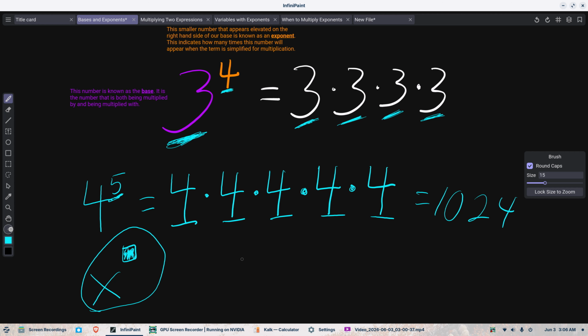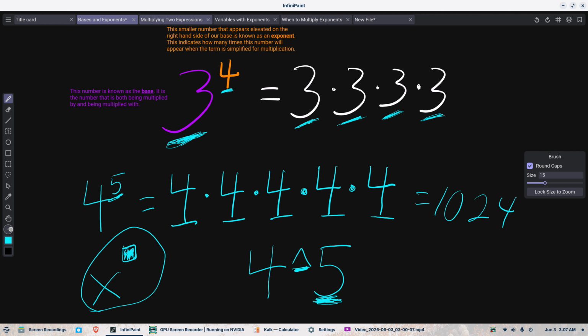And on other calculators, it may leave it something like this. So you may have a 4, and then when you hit that button, it puts the up arrow like this, and it will leave it there. So when you put the 5, it would be in normal size. But the up arrow here is trying to indicate that the 5 on the right is actually the exponent that is going to be used for the calculation.